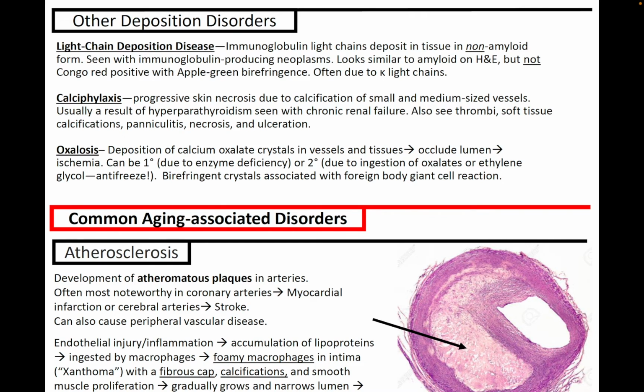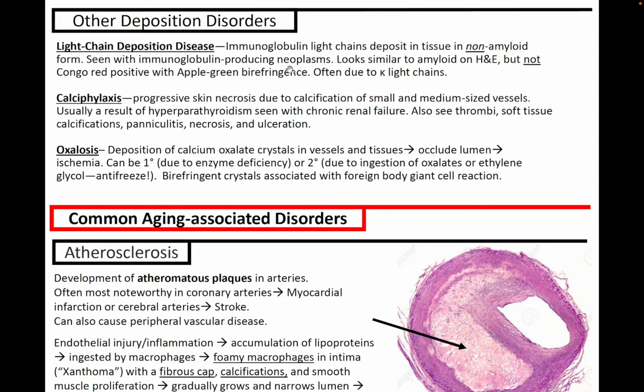So some other deposition disorders are light chain deposition disease, or immunoglobulin light chains, which deposit in tissue in non-amyloid form. This is seen with immunoglobulin producing neoplasms and looks similar to amyloid on H&E, but not Congo red positive with apple green birefringence.